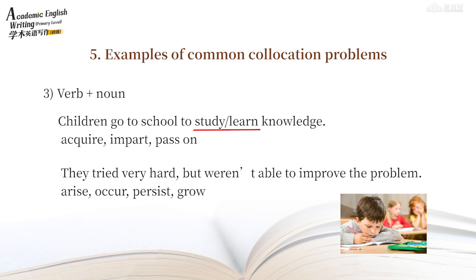When problem is used as the subject of a sentence, it often collocates with verbs such as arises, occurs, persists, grows, etc. If it is used as an object, verbs that collocate with it are often pose, encounter, look into, solve, etc. The word problem seldom collocates with improve.